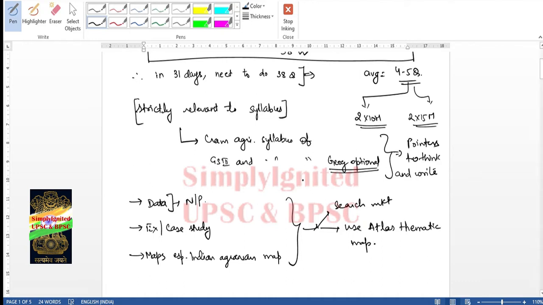You can use this thematic map, or there is one more way. Keep following with me, you will understand. But I use the thematic map of atlas. Okay, so these three things will be very important, especially data. More than data, this case study and map thing will fetch you a lot of marks in this paper, right?